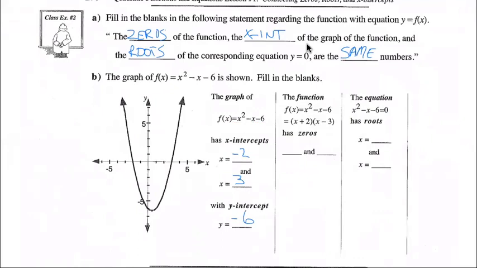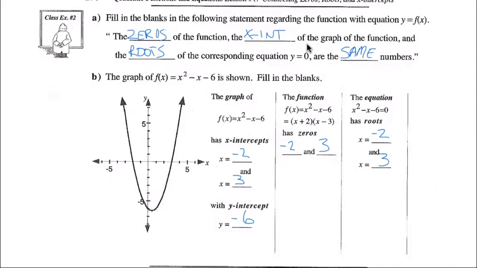The function f of x equals x squared minus x minus 6, which is x plus 2 times x minus 3, has zeros -2 and 3. The equation x squared minus x minus 6 equals 0 has roots x equals -2 and 3. See how they're all the same, yet the terminology in the questions is different.